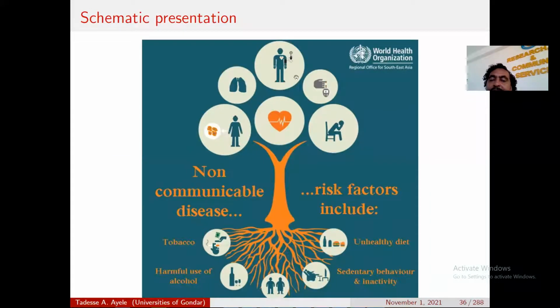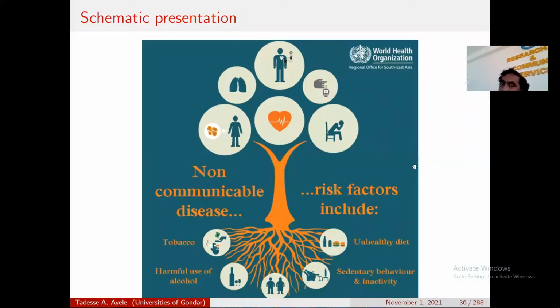These are the dependent variables, whereas the roots are the independent variable, which means tobacco use, harmful use of alcohol, unhealthy diet, sedentary behavior and inactivity affects the non-communicable heart problem, lung problem, injury, mental health. These are the outcomes.